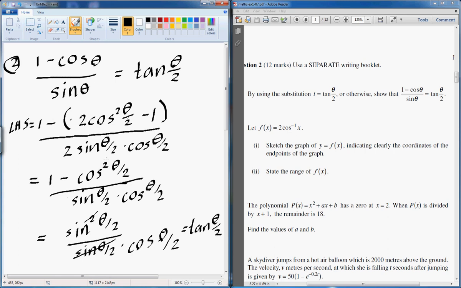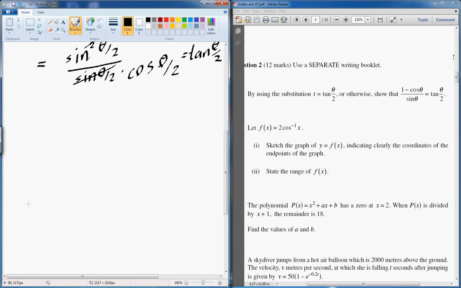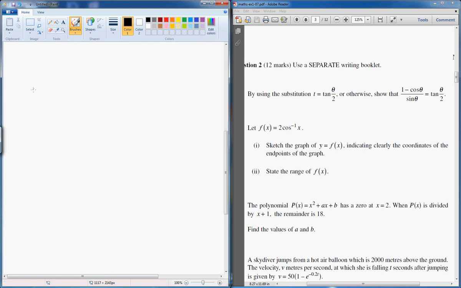Part B. Okay, part B. Now we're getting into a bit more fun stuff. So 2 times cos inverse of x. Now you got to remember, you got to figure out what the domain of x is going to be.